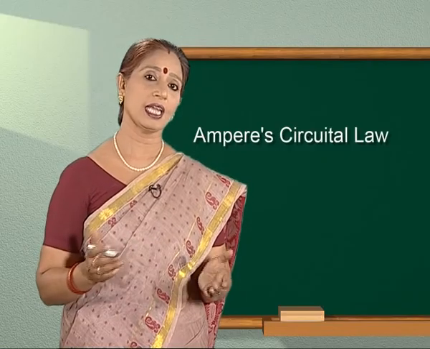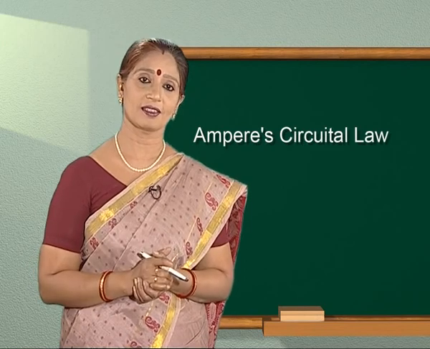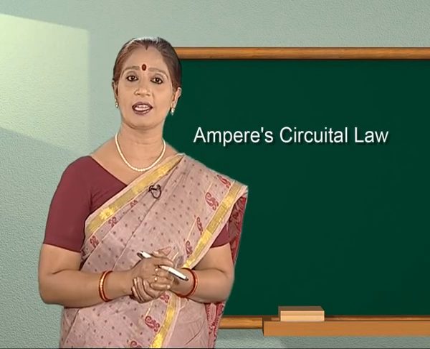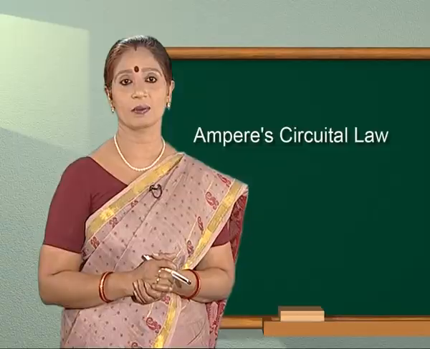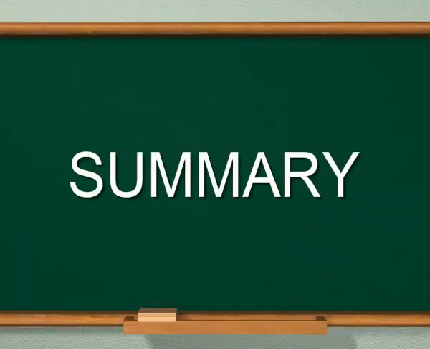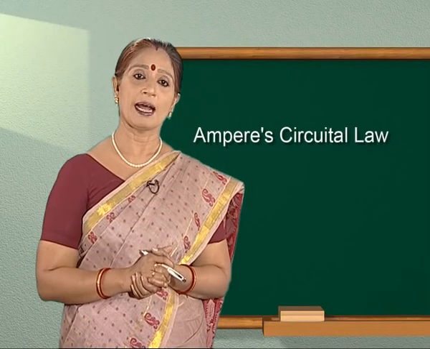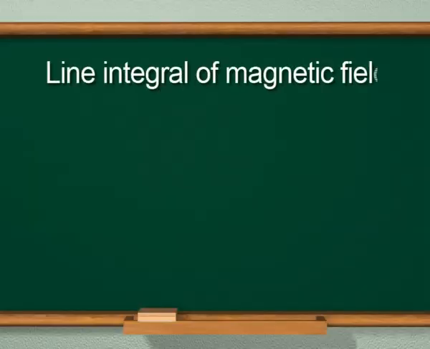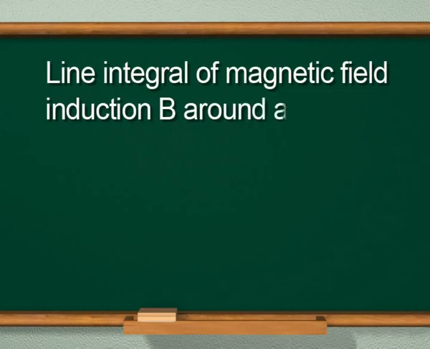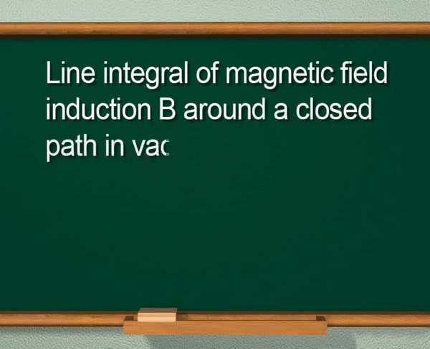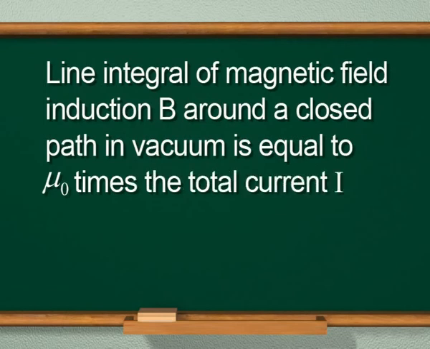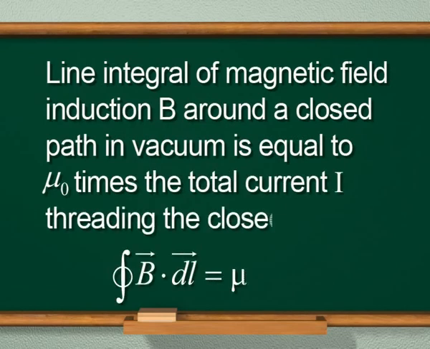With this, we come to the end of today's lesson. Let us quickly summarize what we have done so far. According to Ampere's circuital law, the line integral of magnetic field induction B around a closed path in vacuum is equal to mu naught times the total current I threading the closed path.